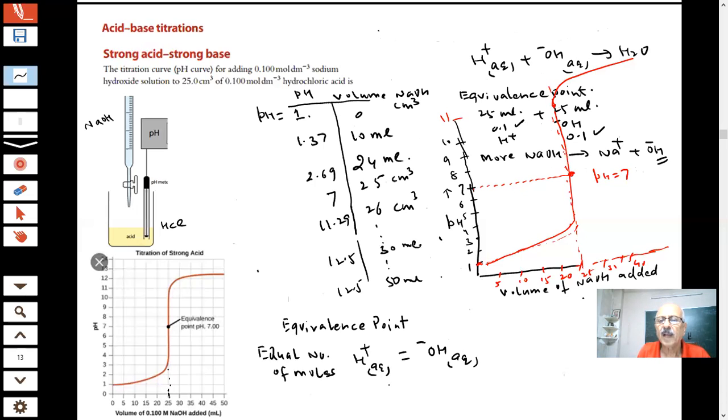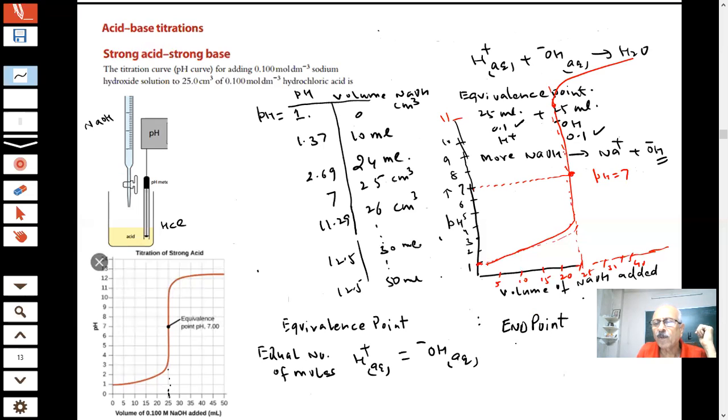And we can say that the reaction is finished, because you have used all the moles of H ions which were present in the solution. Now there should be something to indicate the end of the reaction. How will we say that the reaction end point has come? That is known as the end point of the reaction.